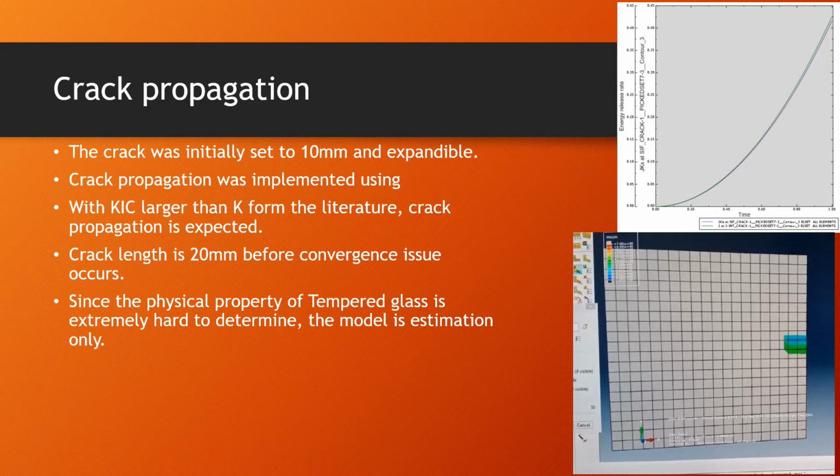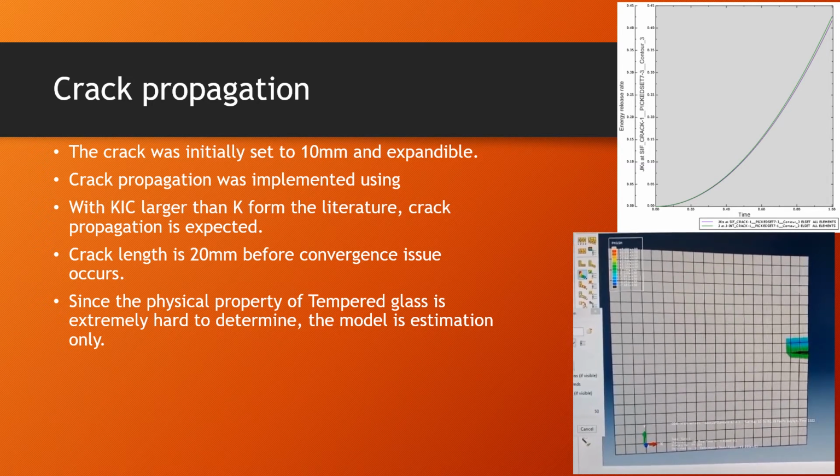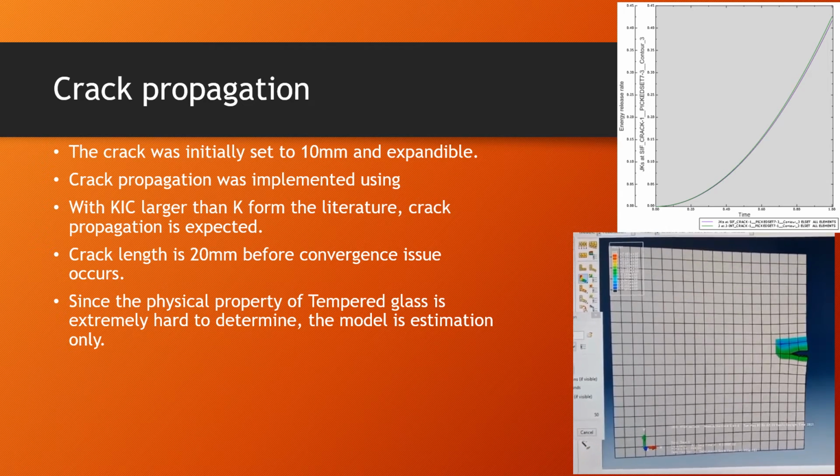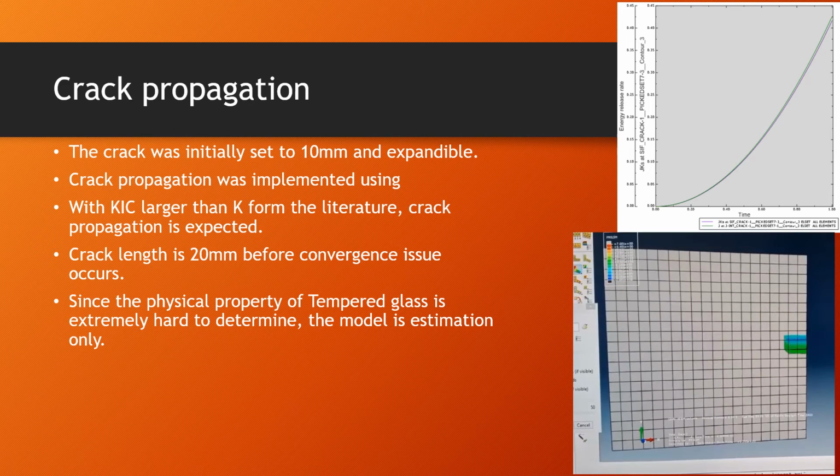So crack propagation. We see the J integral is rising, and I can play a little clip about how it develops. So as we can see, the intensity increases as the crack develops, and it was going in the way that is predicted.